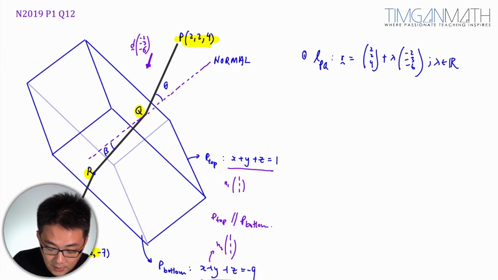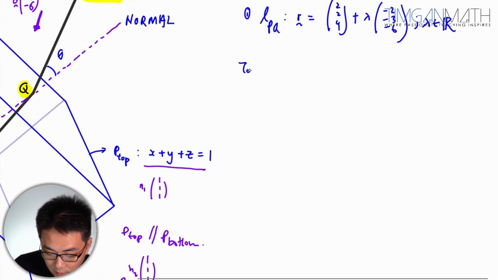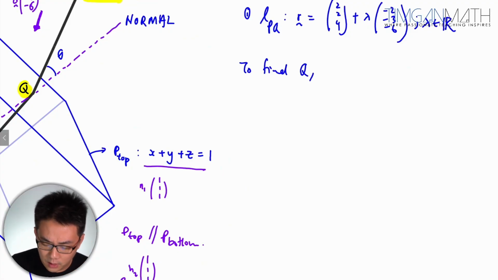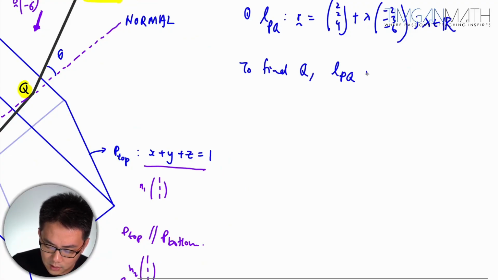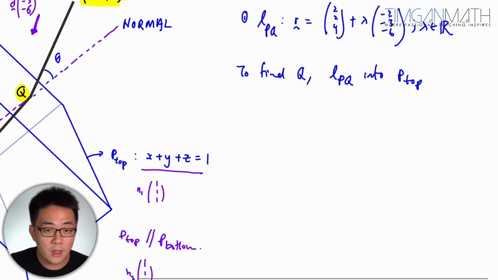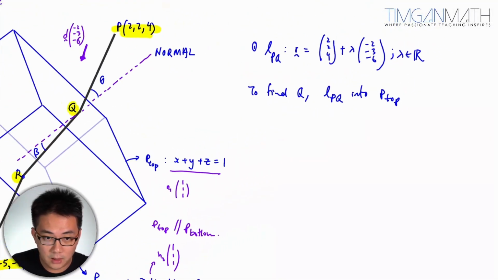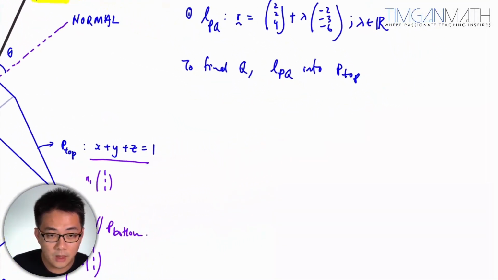To find Q, we substitute L_PQ into P top, because that is where the line intersects with the plane.